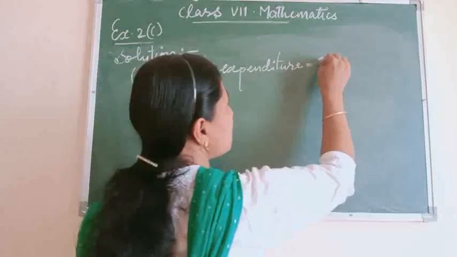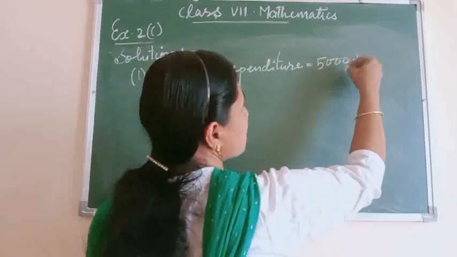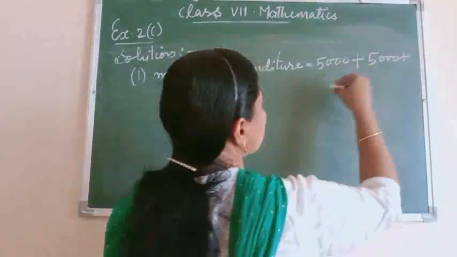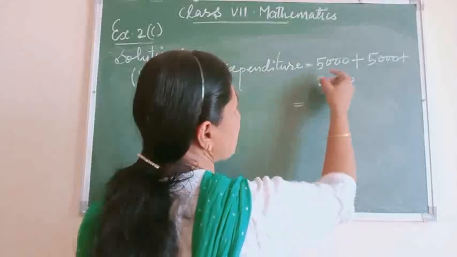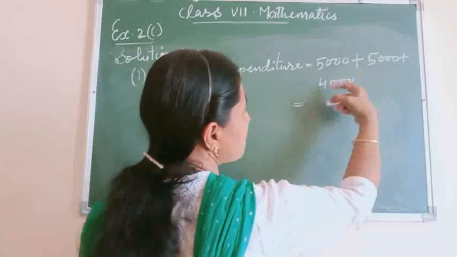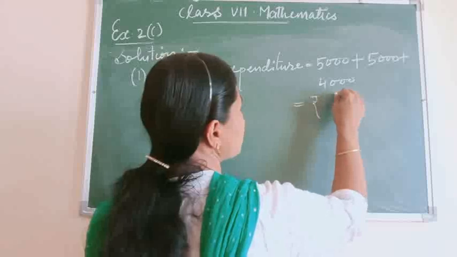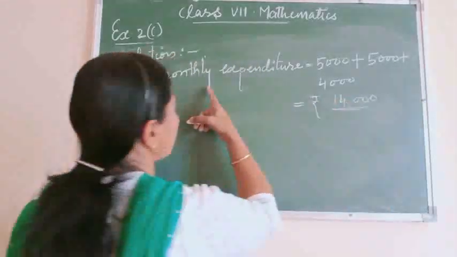That is, money spent on rent, 5,000, plus money spent on education, also 5,000, plus money spent on food, 4,000. After adding these 3, we are getting 14,000 rupees. That is the monthly expense of Aftaf.